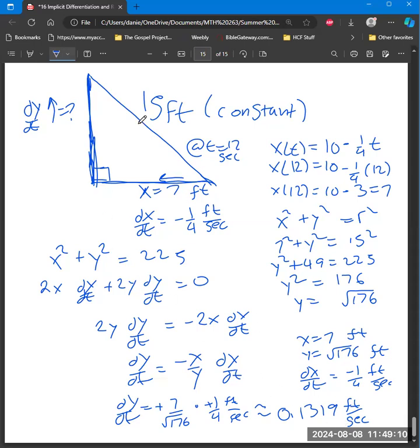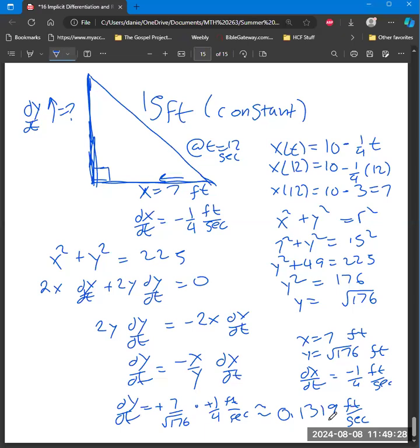But in things like this, where we're talking about somebody putting a ladder up against their house, then we're going to want to give our answer back to a few decimal places. Hopefully the problem tells you how many decimal places to answer to.